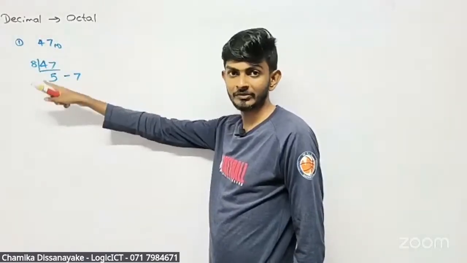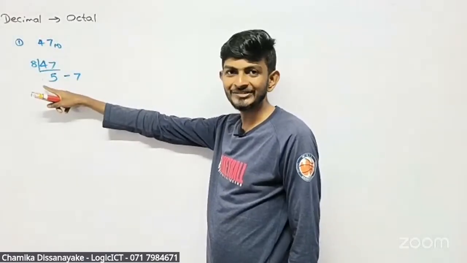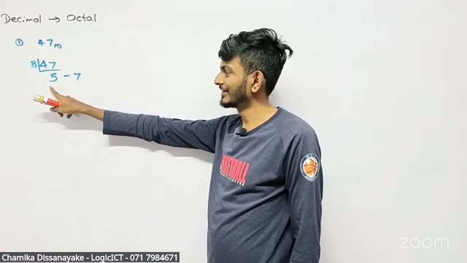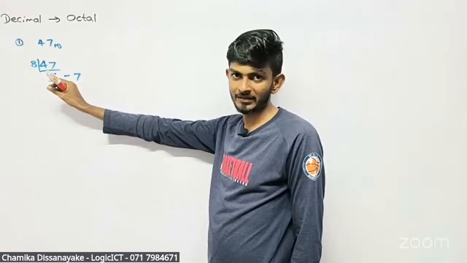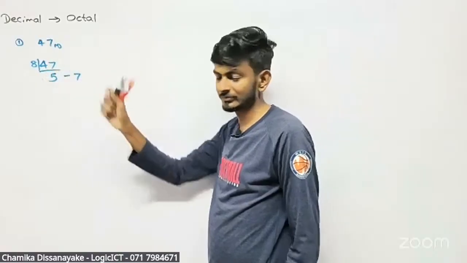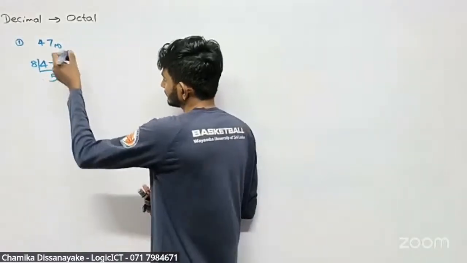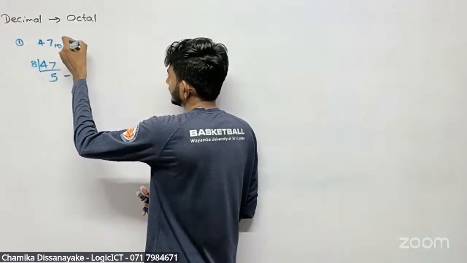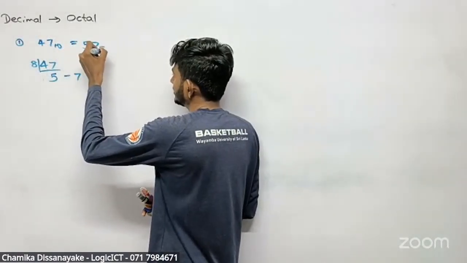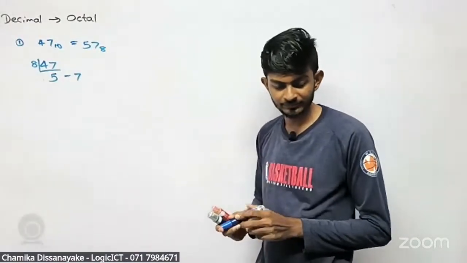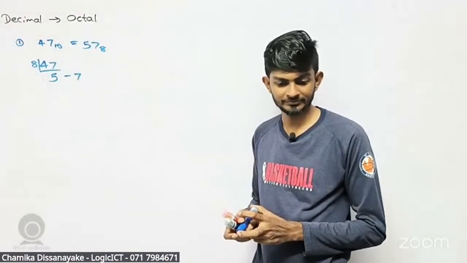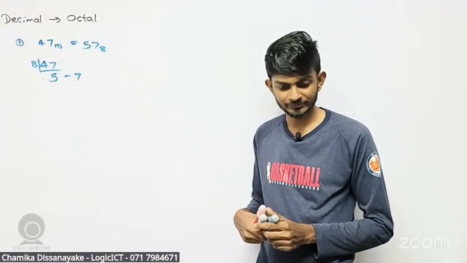But here, actually only once. But you have to divide very carefully. So the answer is what? 57, base 8. Is it okay? Did you get this one? Is it okay?